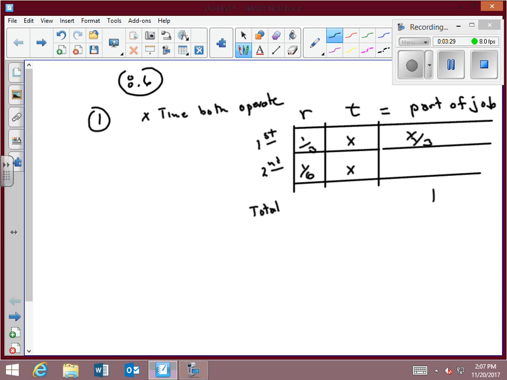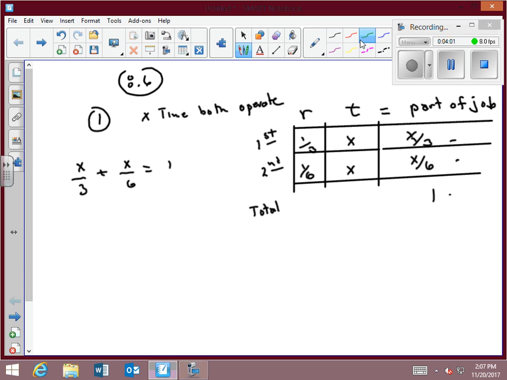And the second sprinkler, it'll do X over 6. Now then you can see that if you add these two together, you'll get the job done. So it's X over 3 plus X over 6 is going to equal one job. And that's your equation.